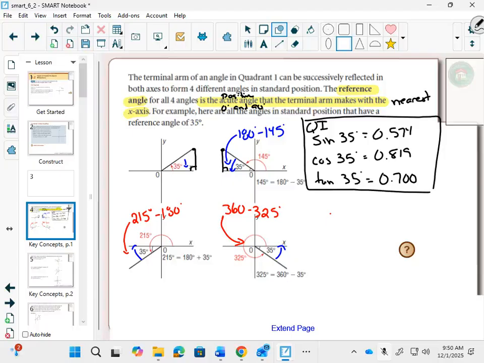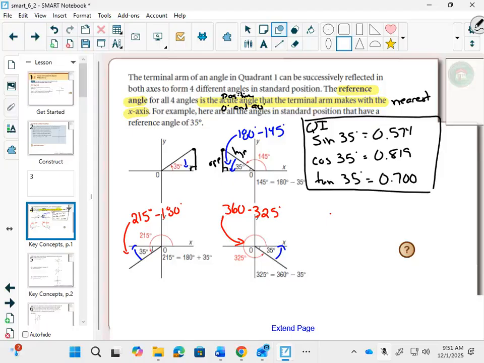And if I did opposite over hypotenuse in this triangle in quadrant 2, it should be exactly the same as the opposite over hypotenuse of the same triangle in quadrant 1. I've just flipped it over.